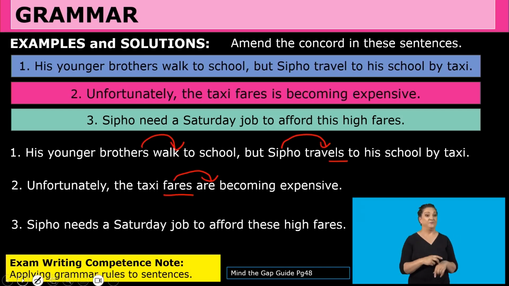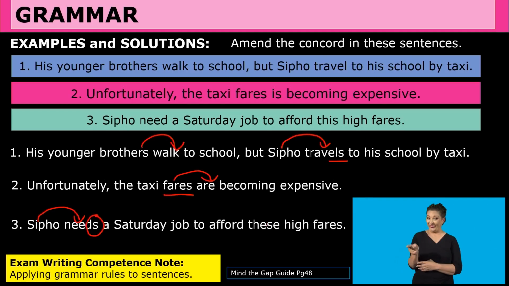And in my response, I see that Sipho, because it's a singular subject, needs a job to afford these, all right? Can you see the high fares? It's plural, so I need a plural pronoun there to indicate that the fares are very high.